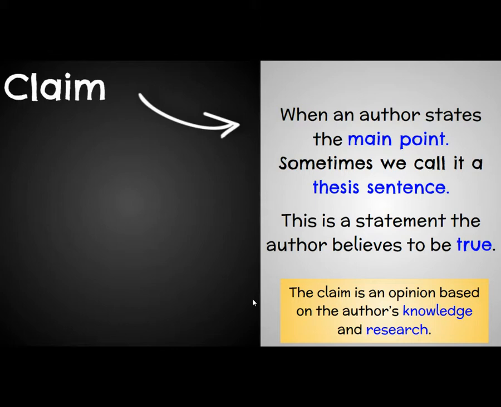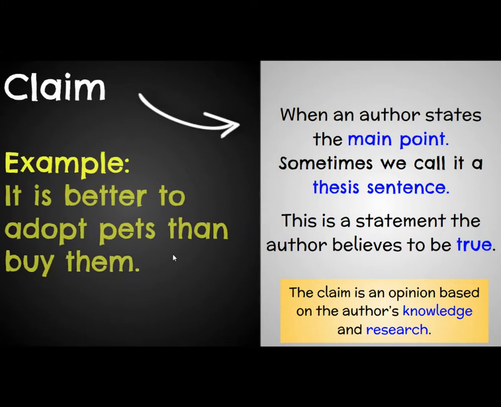So speaking of going back to a text, let's think back to yesterday's article about pet adoption and think about the claim, the main point that article made. And if you want to think about it like the central idea, that also can help you determine the claim. So it's all about adopting pets, but really the claim is that pet adoption is better than buying pets from a pet store or a breeder.